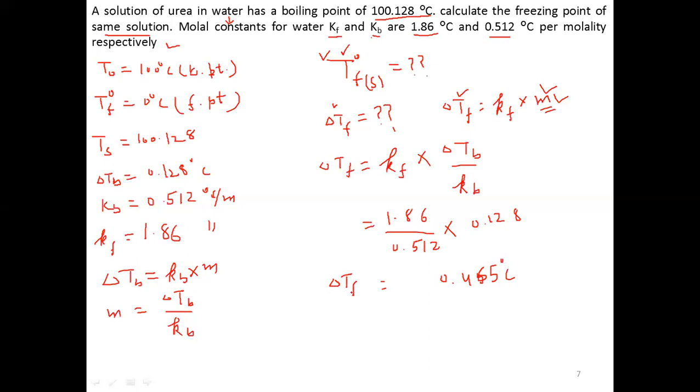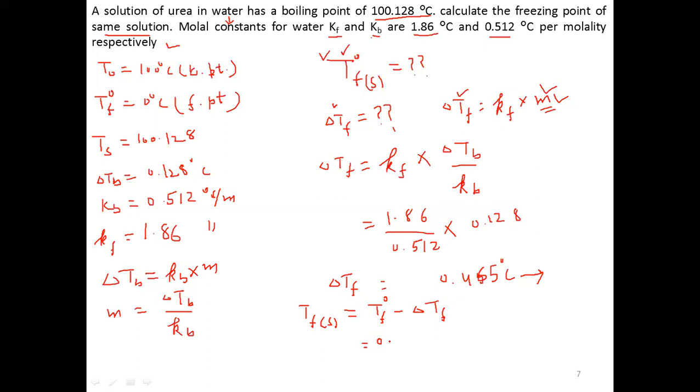That means the freezing point of the solution will be this much lesser than the freezing point of the water. So freezing point of water is 0 degree Celsius. So what will be the freezing point of solution? TFS. This is freezing point of solution. This is freezing point of pure solvent minus depression in freezing point.